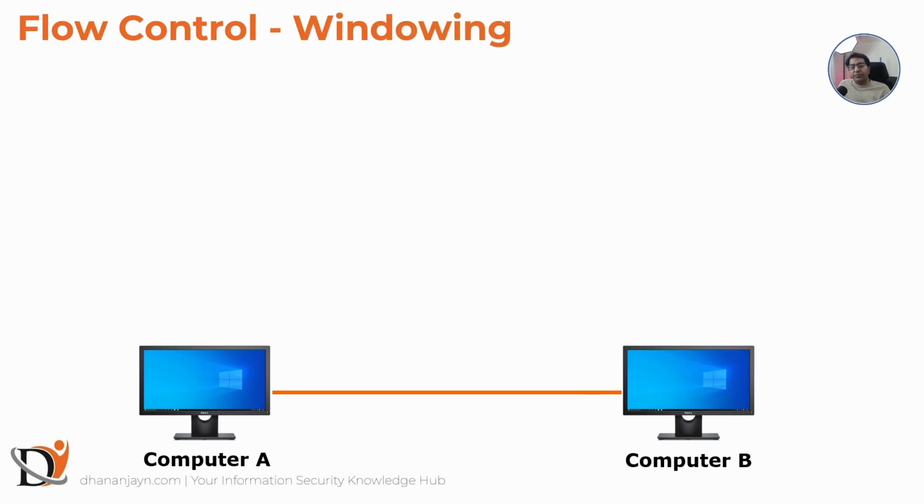Now on the flow control front, as I have already explained, if we talk about a broadband connection or any other connection, or consider you are using your mobile phone as a hotspot, then the data is not sent on a consistent bandwidth, right? So there is always a fluctuation.